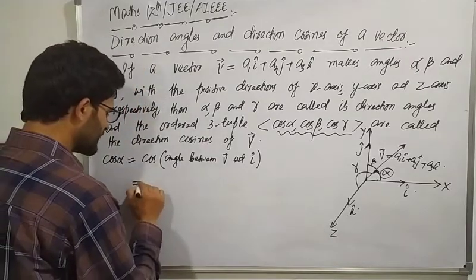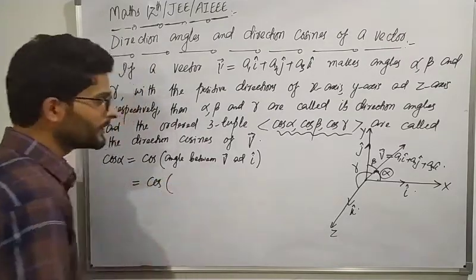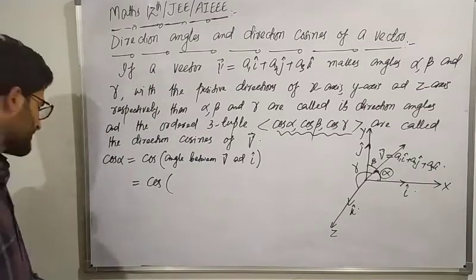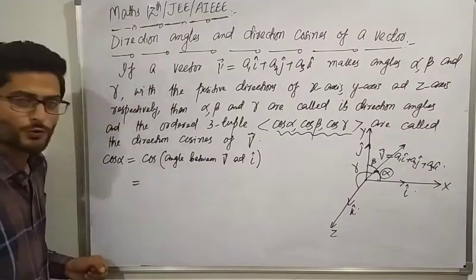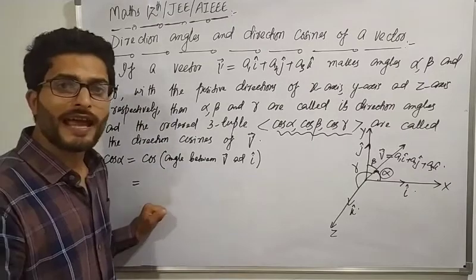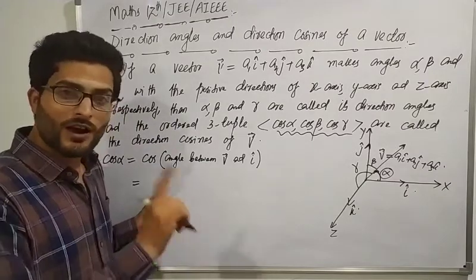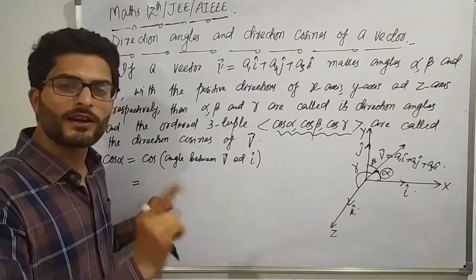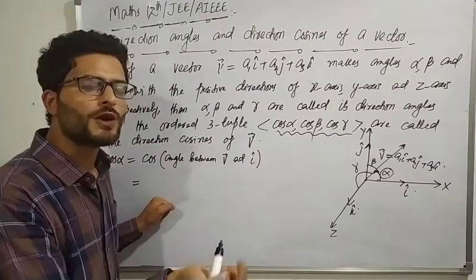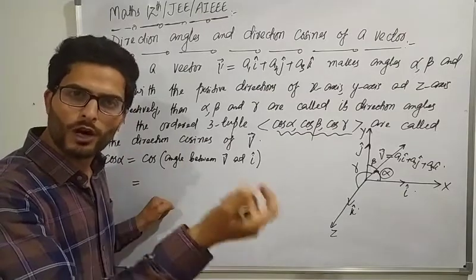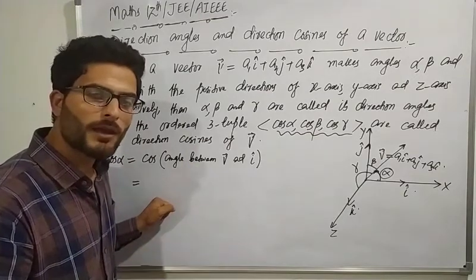So that is equal to cosine of the angle between v and i cap. Or leave the cos, cosine of the angle between two vectors. We read in an earlier topic about the angle between two vectors. Cos theta was equal to what? v1 dot v2 divided by magnitude of v1 magnitude of v2. That is the ratio of their dot product to the product of their magnitudes.